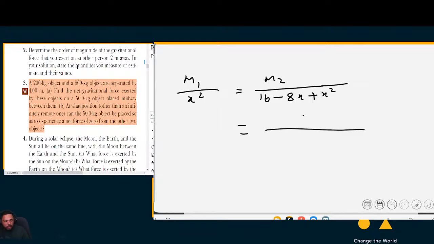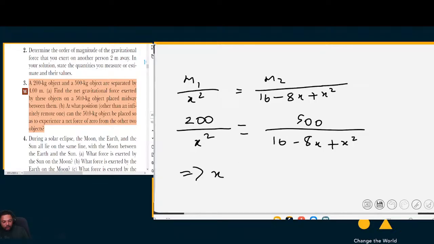You put in the weights: this is 500 kilos, this one is 200 kilos, x squared, 16 minus 8x plus x squared. I hope I was correct here. Cross multiply on both sides, and then you use the typical quadratic formula, and you find that x is equal to 1.5 meters.